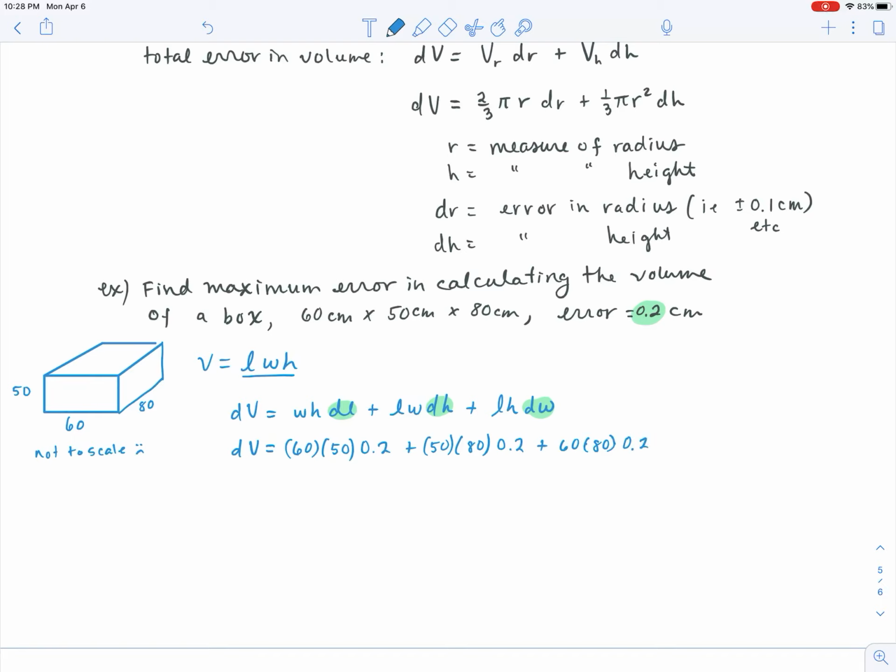Let me put parentheses. And let me double check and make sure I did all the right combinations. Yes, I did. So the total error is 2,360. It's volume, so it's cubic centimeters.